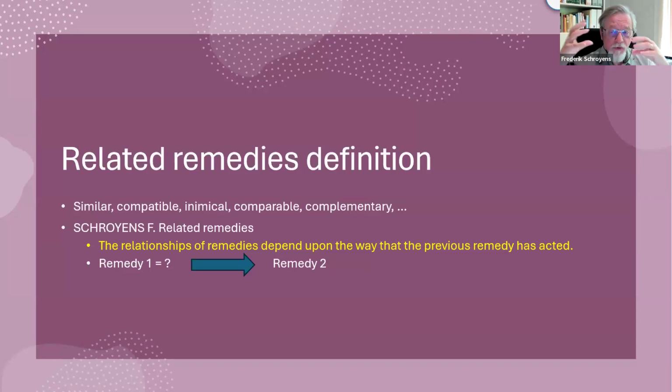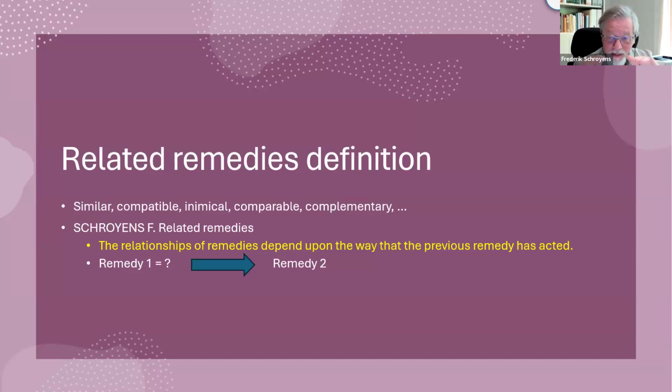Two remedies are related; we need to have two. And what is the definition? Well, it depends on how the first remedy acted. When we know this, we can define the relationship of remedy 2.